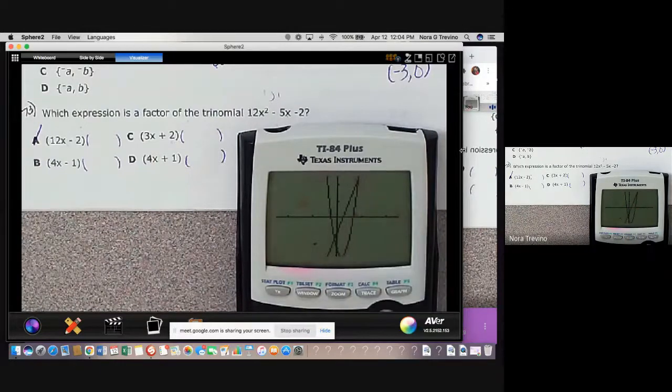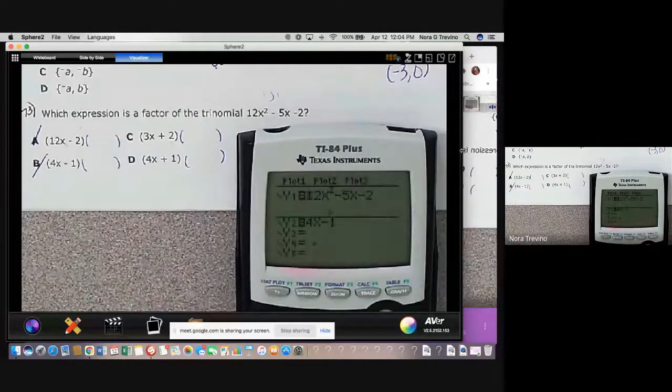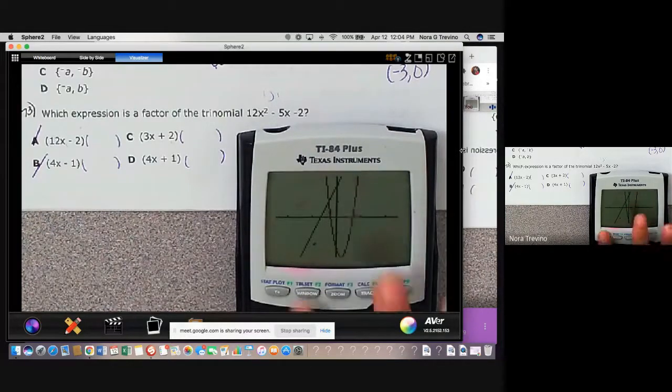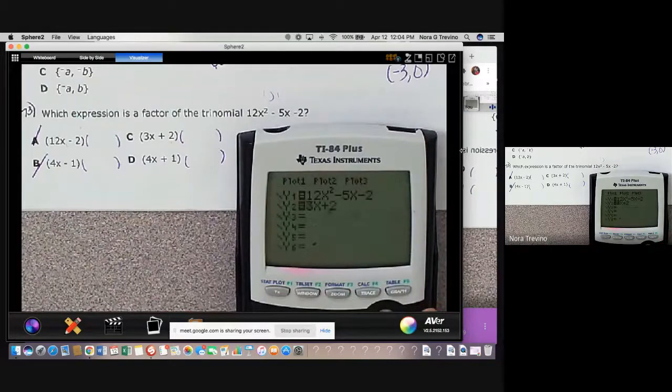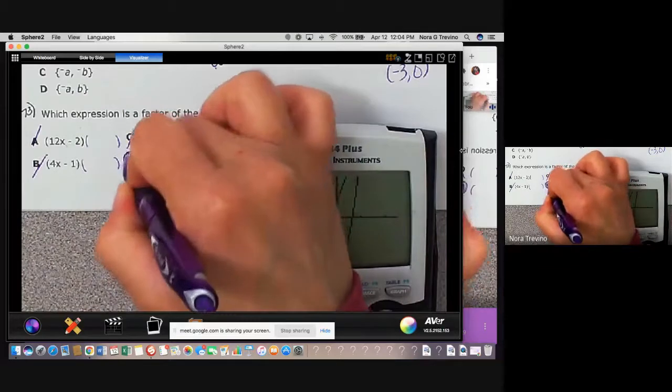I needed to go through an x-intercept. So it's not B. Let's try C, 3x plus 2. No, not through here, not through here. Okay, let's try 4x plus 1. There it is. You see that? Perfectly through an x-intercept. That's your answer.